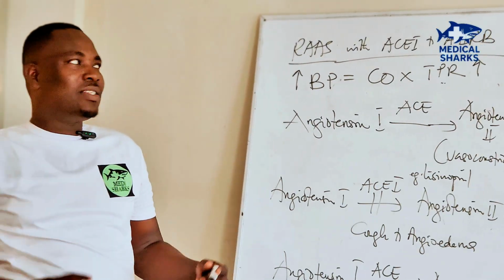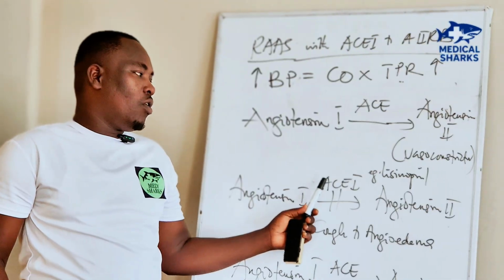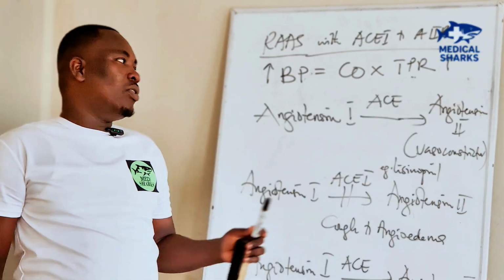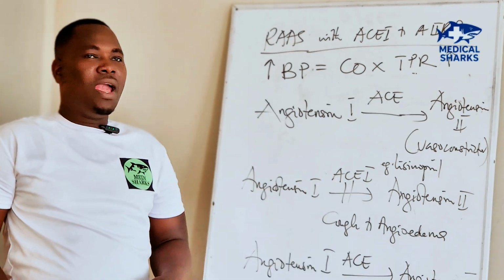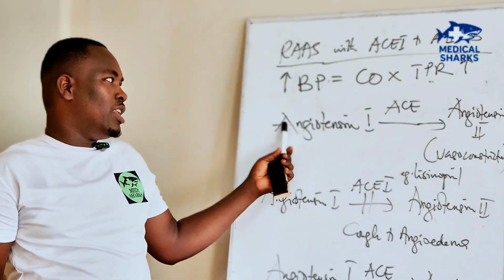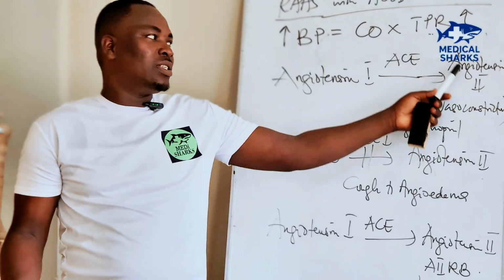We want to affect this RAAS by giving the patient an angiotensin converting enzyme inhibitor, which means the drug is inhibiting the work of angiotensin converting enzyme. And what does it do? As we saw in part 1, it converts angiotensin I to angiotensin II.